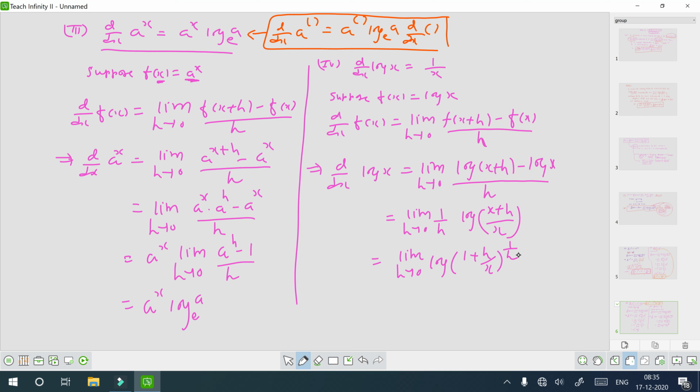Yes. So in next page, that is equal to log of limit h tends to 0 of (1 plus h by x). What we need? Raised to, we need 1 by h by x. So raised to 1 by x, can I write it?